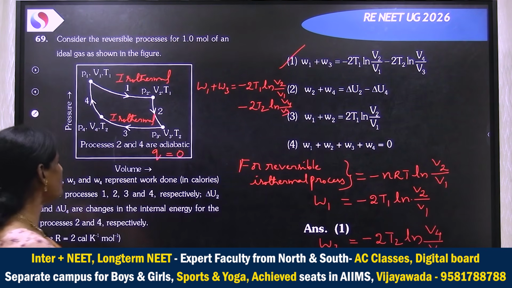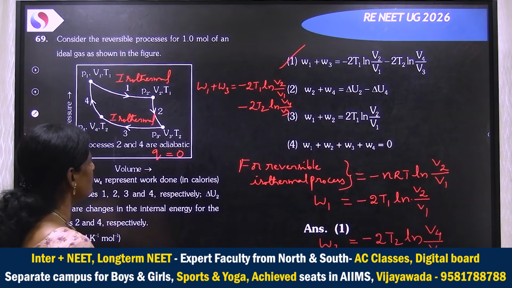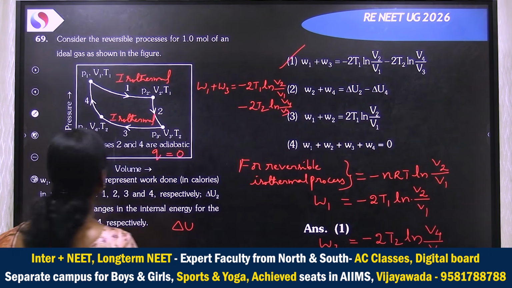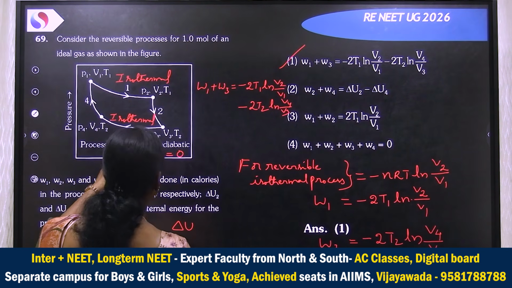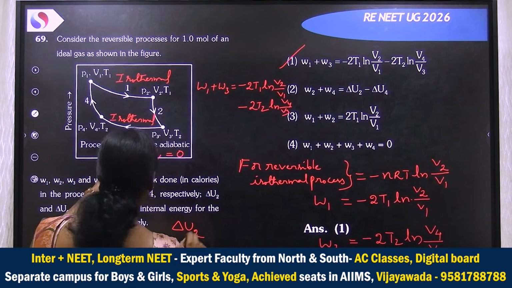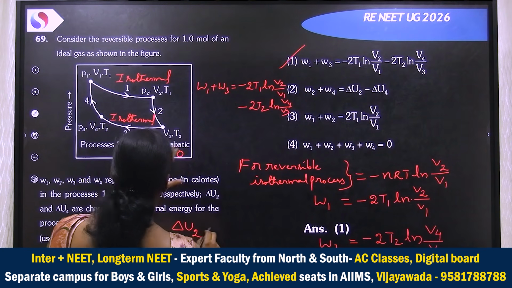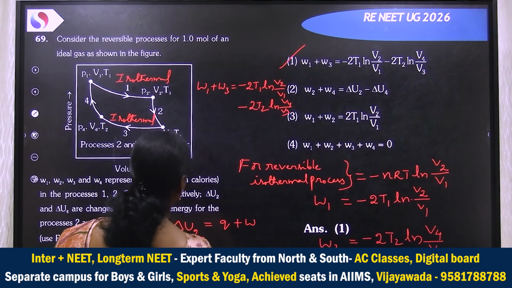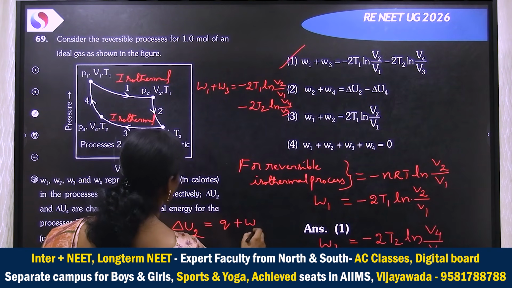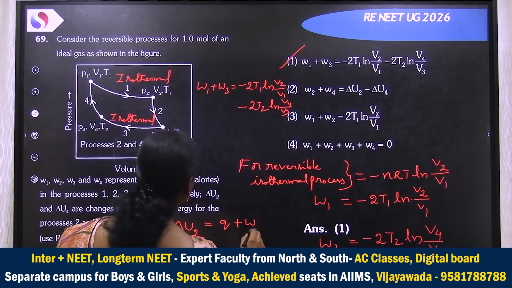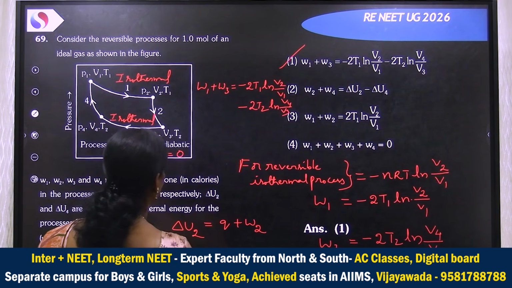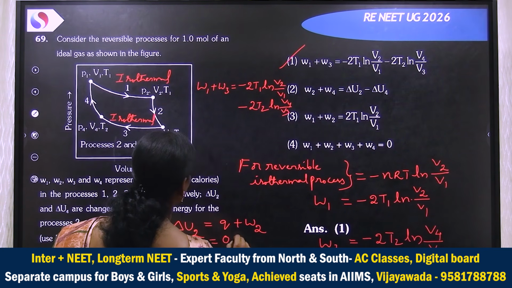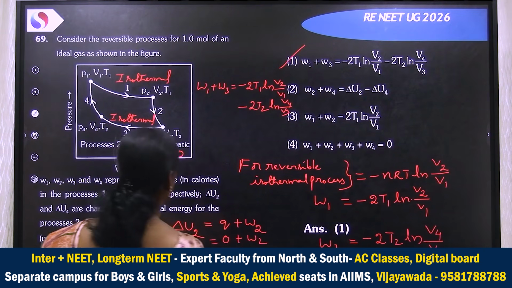So according to the first law of thermodynamics, delta U2 equals Q plus W, and Q equal to 0, therefore W2 equal to delta U2.